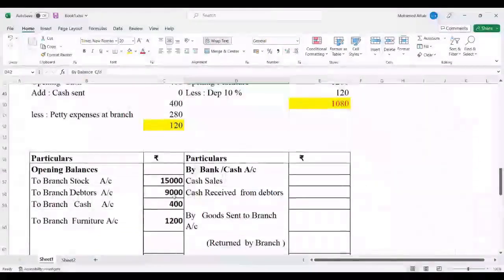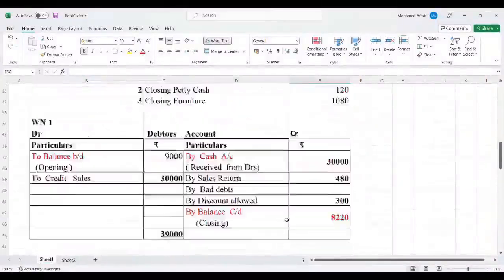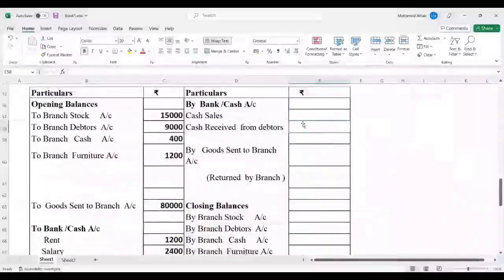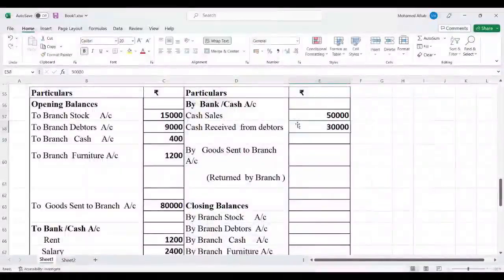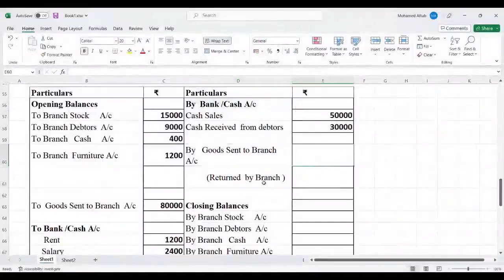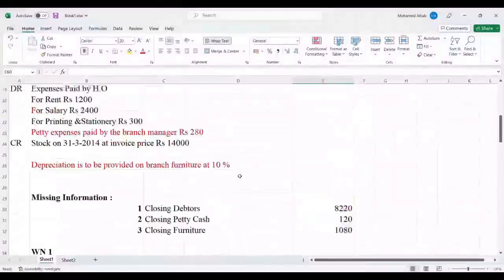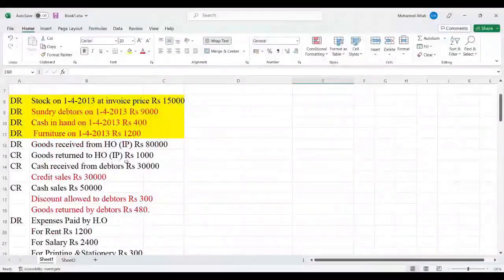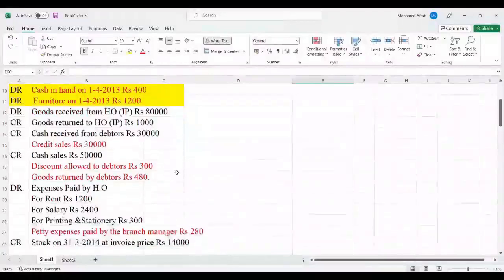So opening debtors already we have done, and cash received from debtors, that is 30,000, and cash sales is given 50,000, and goods returned by the branch, that is goods returned to HO, that is 1,000.